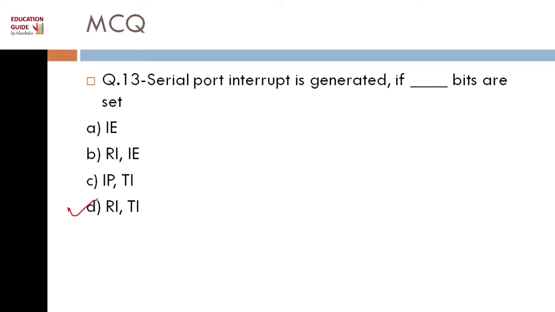When the last bit of a byte is transmitted, the TI serial interrupt flag is set, and when the last bit or stop bit of the receiving data byte is received, the RI flag gets set.